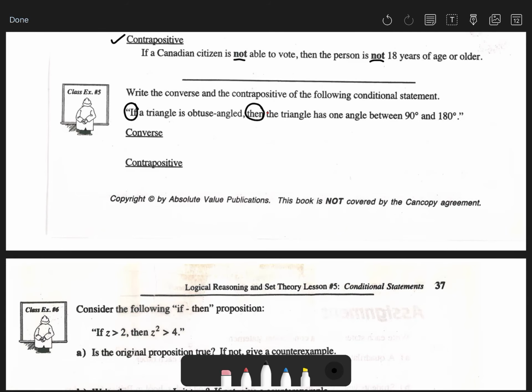If a triangle is obtuse angled, then the triangle has one angle between 90 degrees and 180. So the converse is switching the if and then portions. So the converse would look like this.